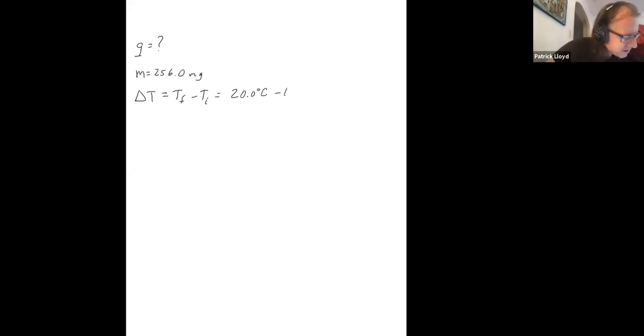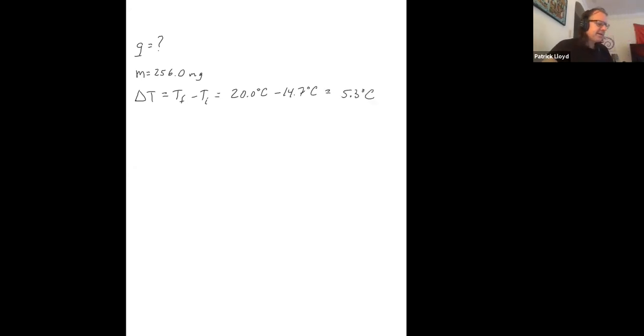Okay, so Q, we want to know what that is. We are given that the mass is 256.0 milligrams. We're given that the change in temperature, which is the final temperature minus the initial temperature, is 20 degrees Celsius minus 14.7 degrees Celsius, which we can just do right now, is 5.3.